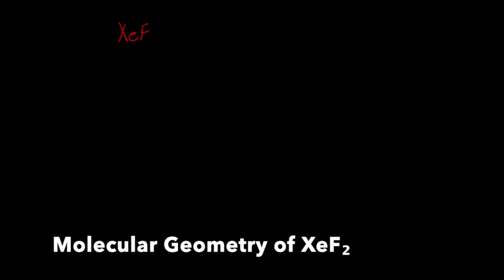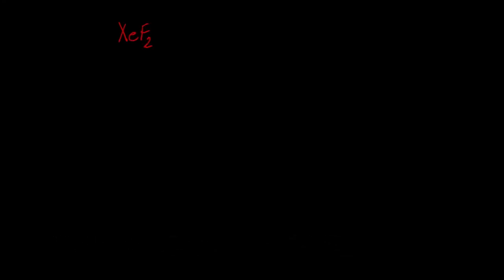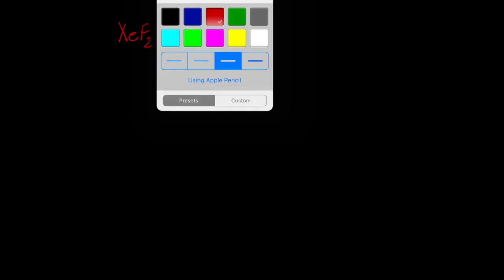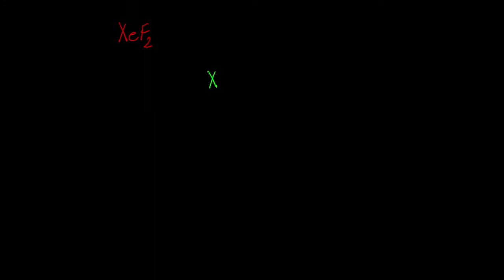Now, some of these molecules can be pretty weird looking. There's 2 different possibilities oftentimes for how you can do things. But let's do XeF₂. Okay, XeF₂. So step 1 is to draw the Lewis structure. So we set up our skeleton.